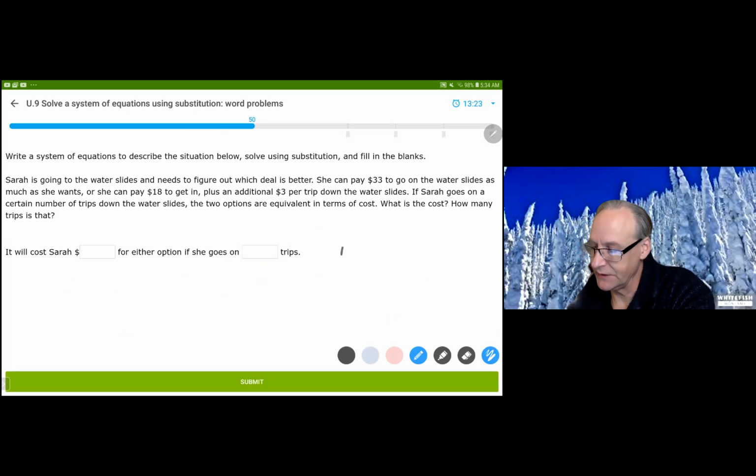Basically the unlimited is $33, or she can pay per trip or per slide, 18 plus the 3 for how many slides or trips she goes on. So this is the cost if she pays per slide, and this is the unlimited cost.